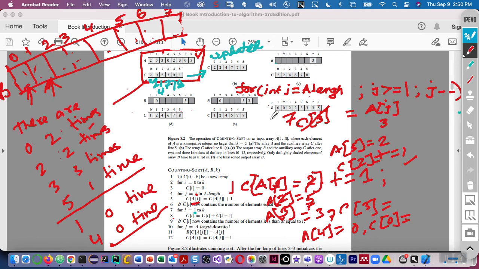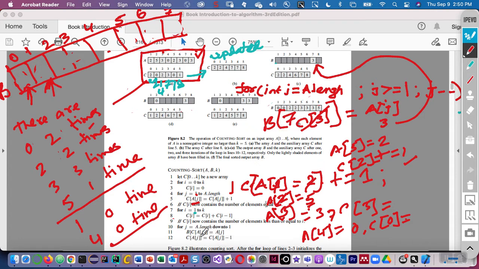At position B, my output array B. So at B7, this 3 will go to B7. See, this is the B array at position 7. This 3 is going to B7, and this is the 7.